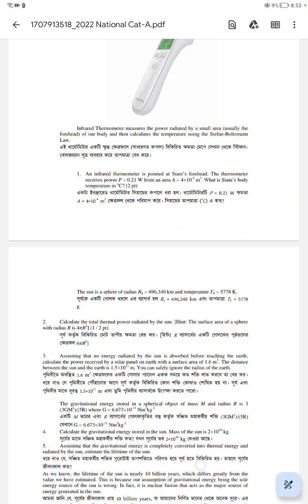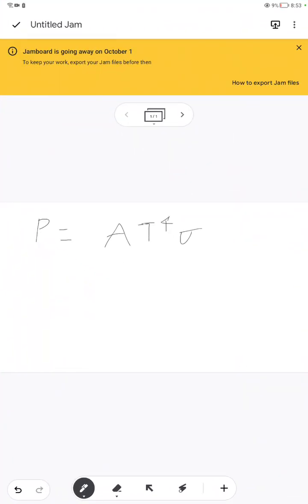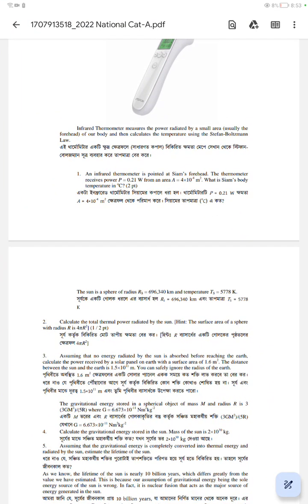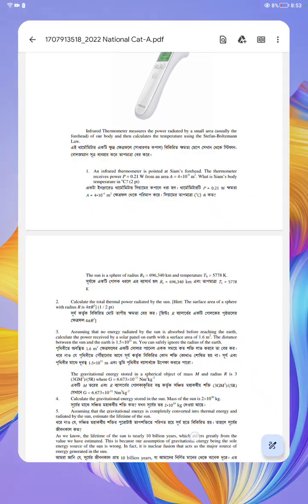So the power is 0.21. I'm going to plug it into the equation. The handwriting may not be very good, I'm writing this in Jamboard. The cross section, the surface area, is 4 times 10 to the power minus 4.